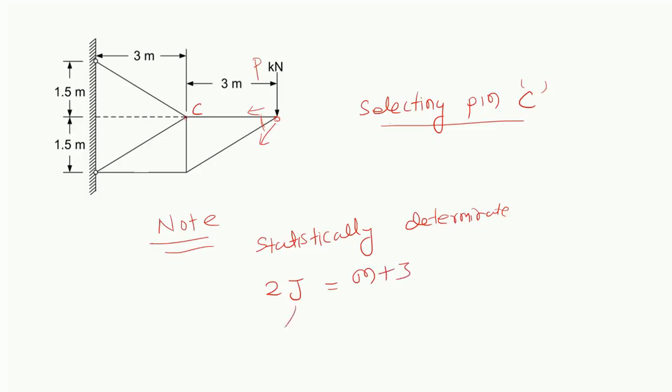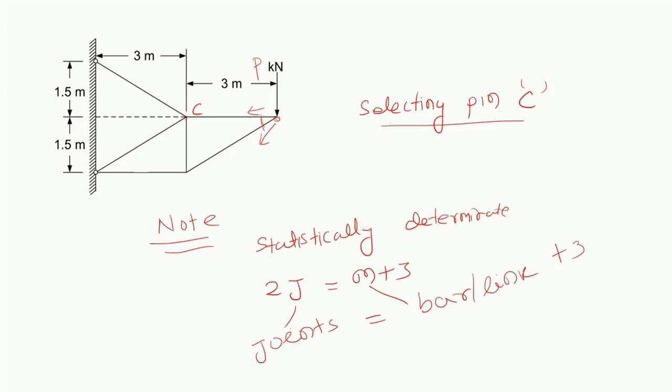J is equal to number of joints or pins, m is the number of bars or links, plus 3.